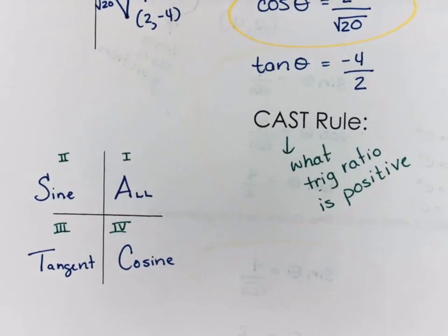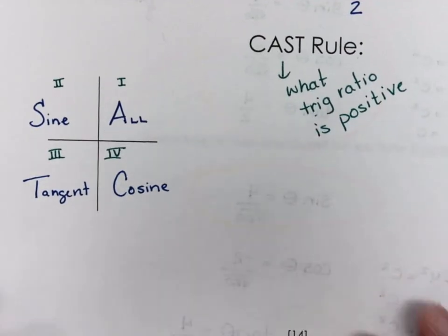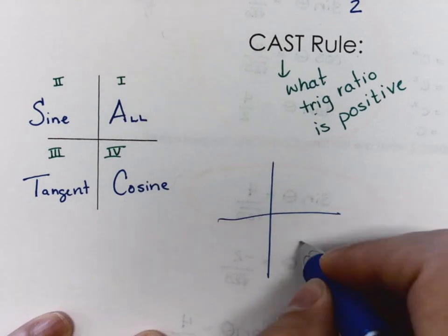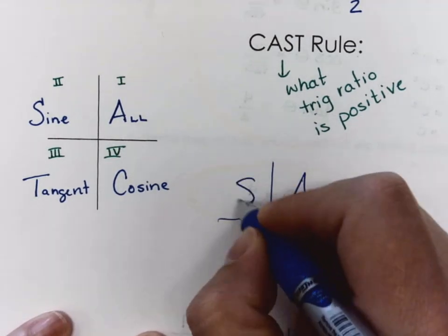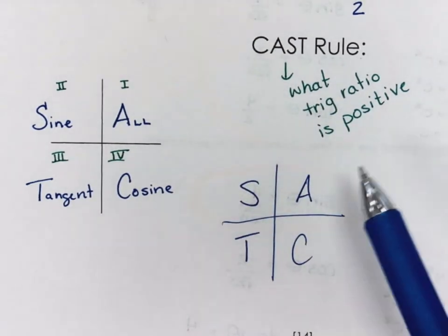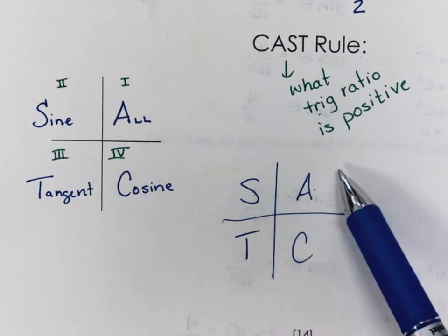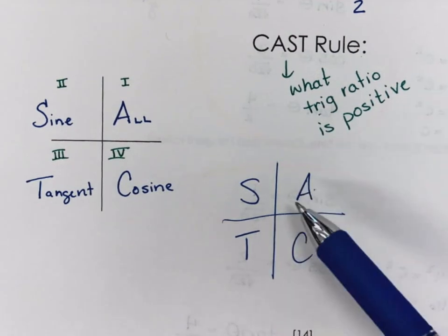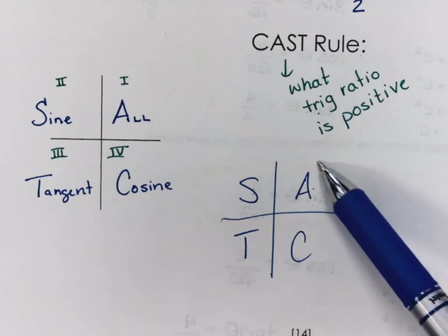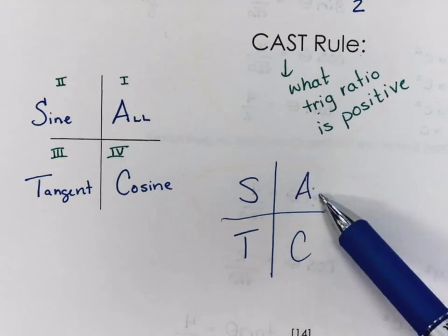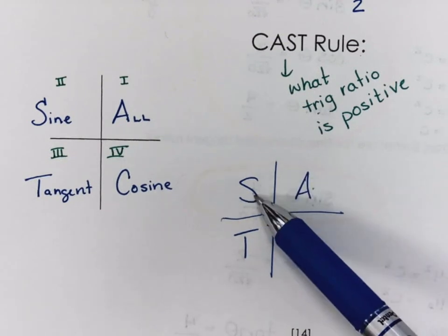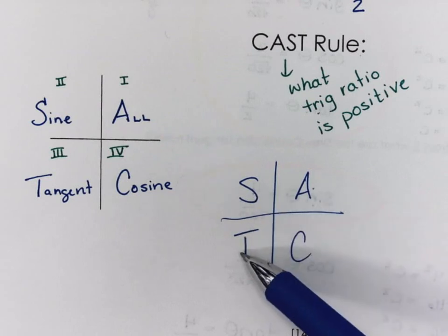All right, so the reason why we call it the CAST rule is because it spells out CAST. So in quadrant 1, if you have an angle that terminates in quadrant 1, your ratios will all be positive. Terminates in quadrant 2, sine will be positive.